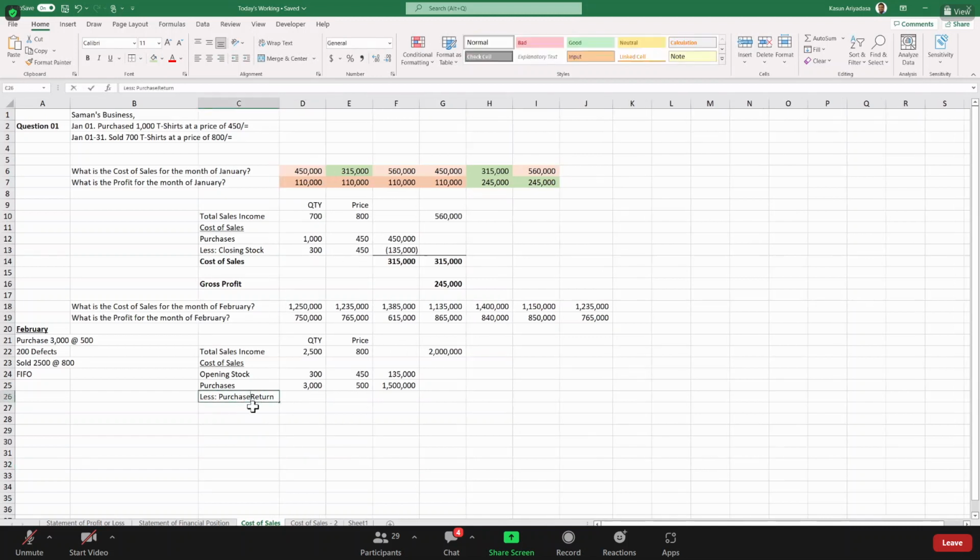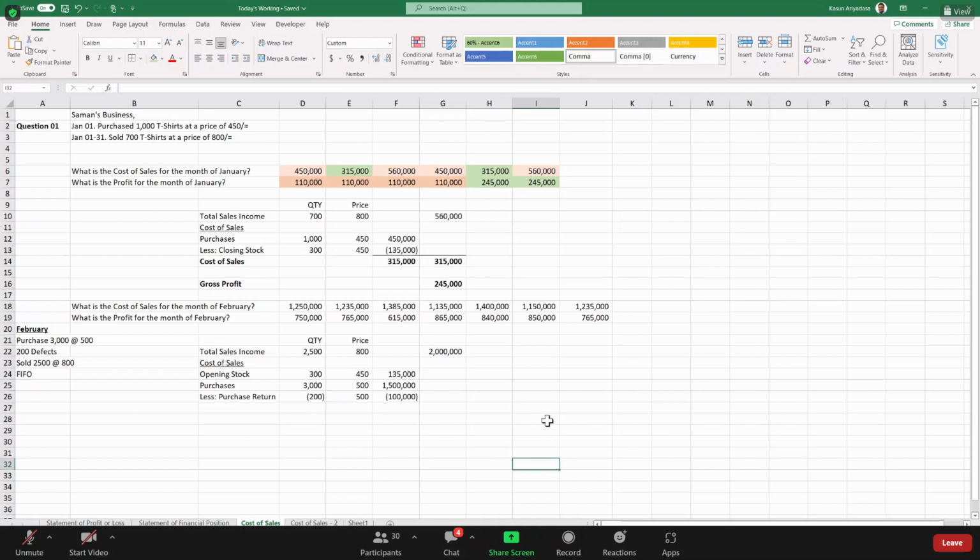We have to remove this 200, at the price of 500. Right? Now we remove this 200.